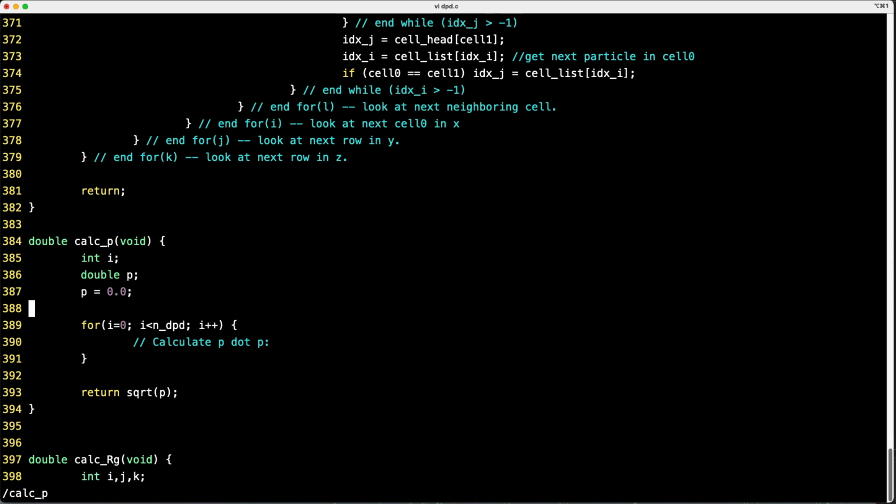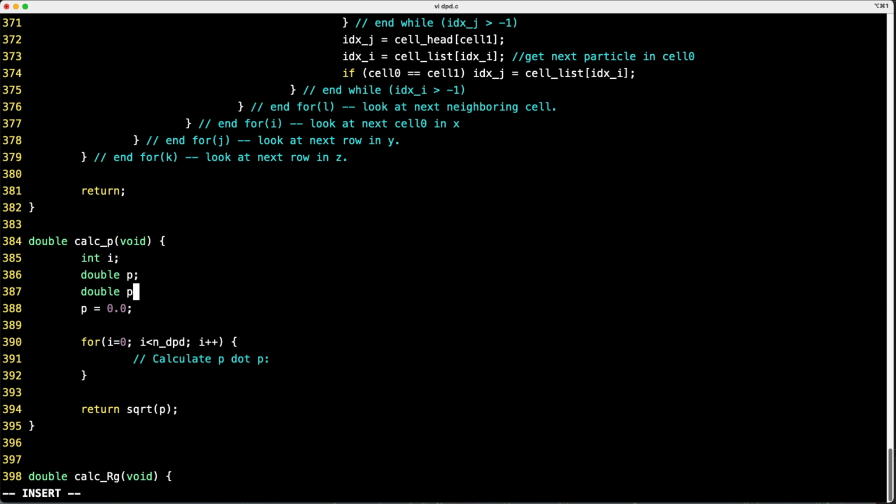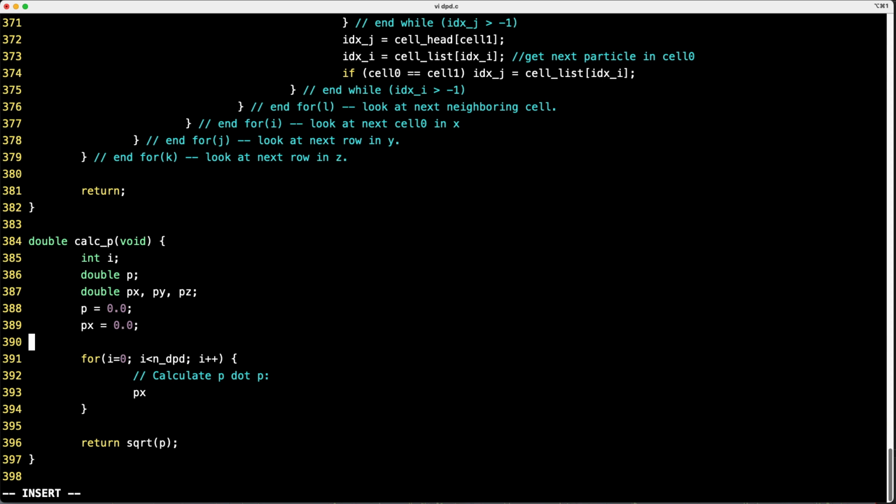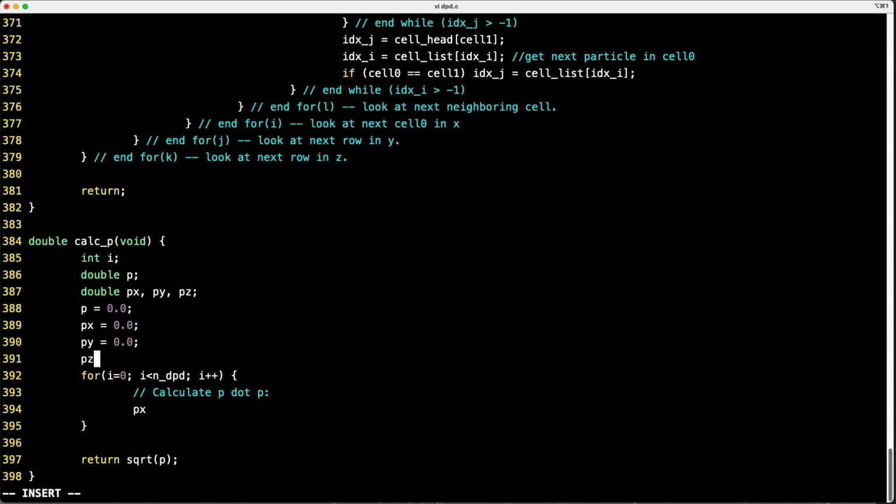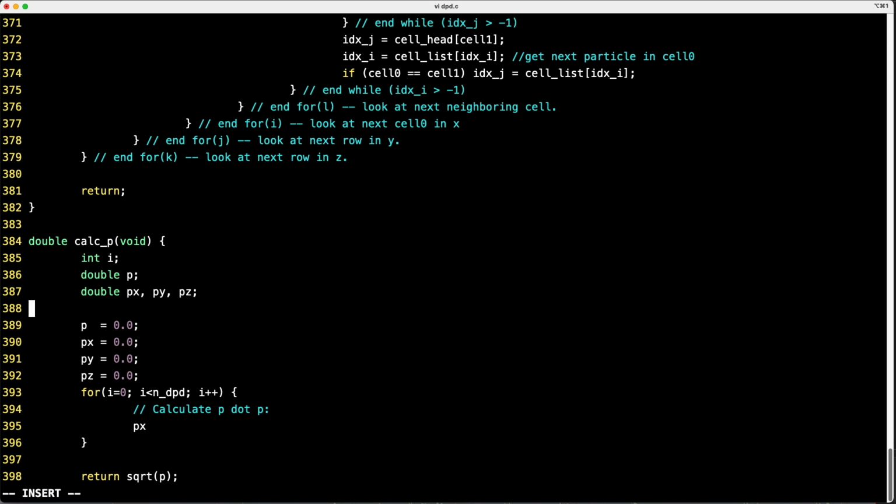What we actually want to do is compute the components of the momentum. So let's do a vector addition instead of adding the magnitudes. So px, let's initialize them first. Pz is 0.0. Okay, so let's do that first.